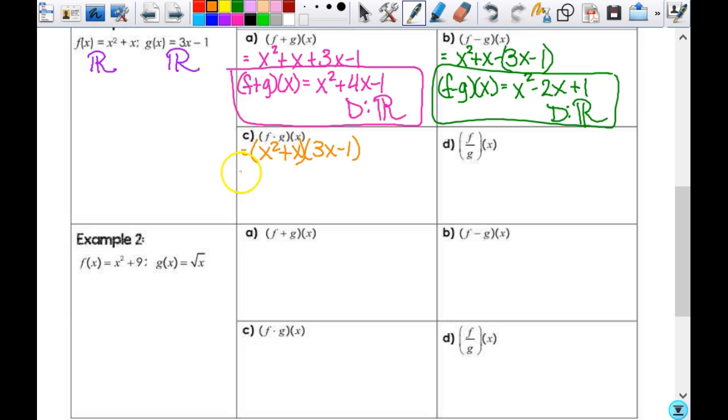Then I need to actually multiply that. So x squared and 3x is 3x cubed, then minus x squared plus 3x squared minus x. So f times g of x is 3x cubed plus 2x squared minus x. And my domain is what? All real numbers.